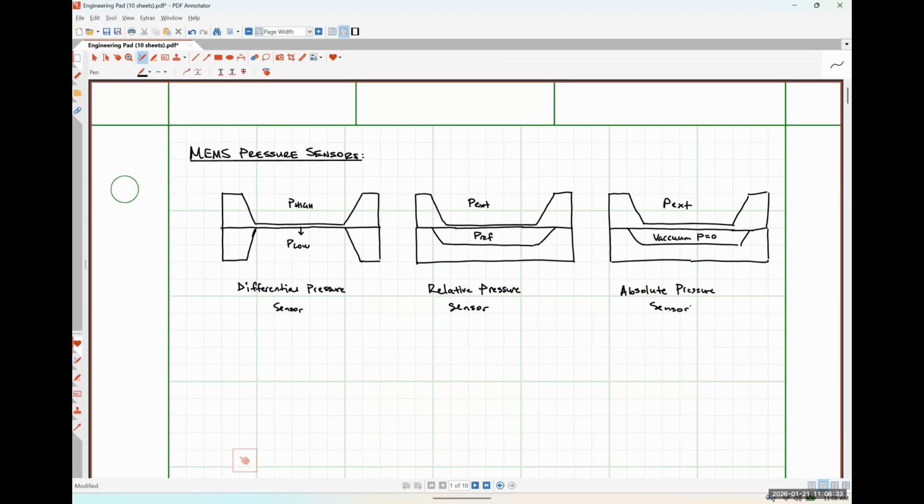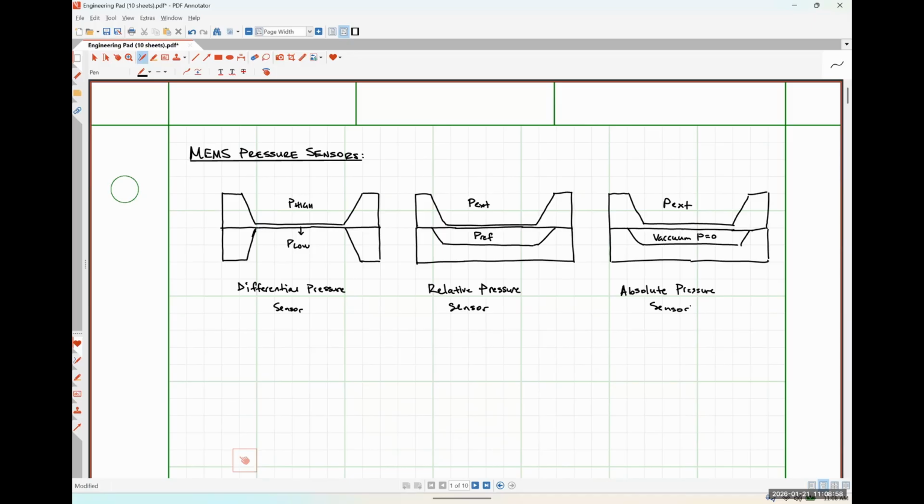So all of these three different types of pressure sensors basically work the exact same way, right? The difference in pressure causes the membrane to deflect, and the amount of deflection can in some way, shape, or form be related back to that difference in pressure that was applied. Okay.